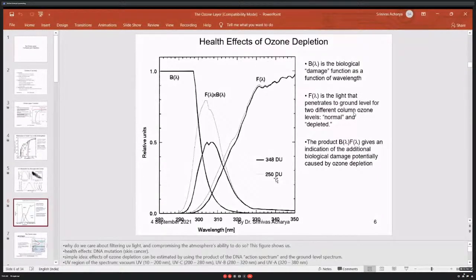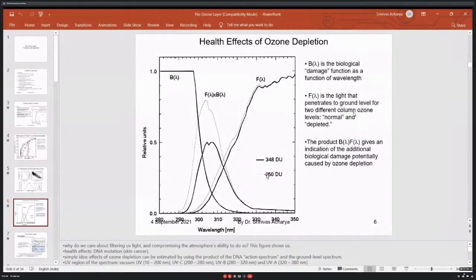One Dobson unit is equal to 0.01 millimeter thickness of ozone at 0 degree centigrade and 1 atmospheric pressure. Okay. So when the thickness decreases, some depletion occurs.